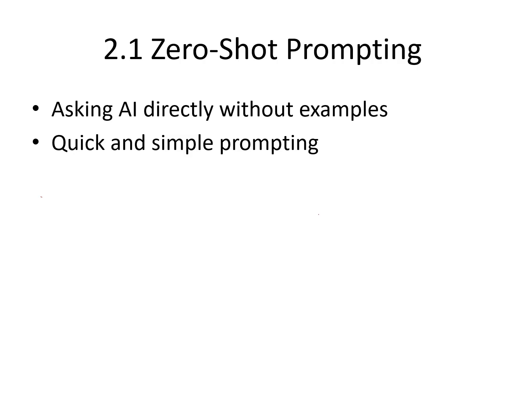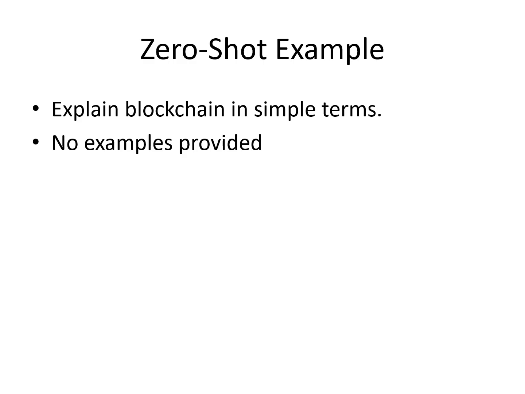You just ask something to get the output. The best example of it is, explain blockchain in simple terms. You haven't given any background, like what your role or constraint is, and no context is provided. It is just a question: explain blockchain in simple terms.